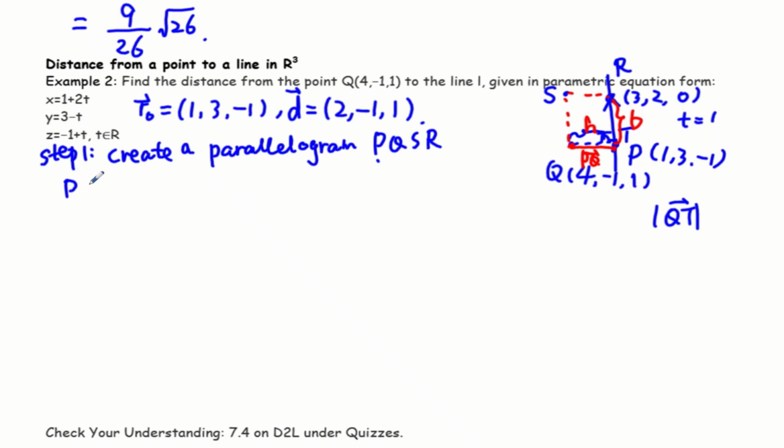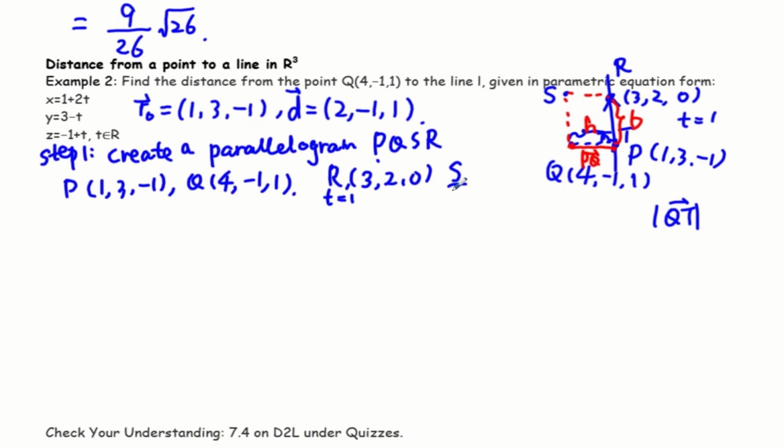So P is our R0, and Q is given. R is just when t equals 1 on the line. It's 3, 2, 0. And for the S, we don't bother to find it.